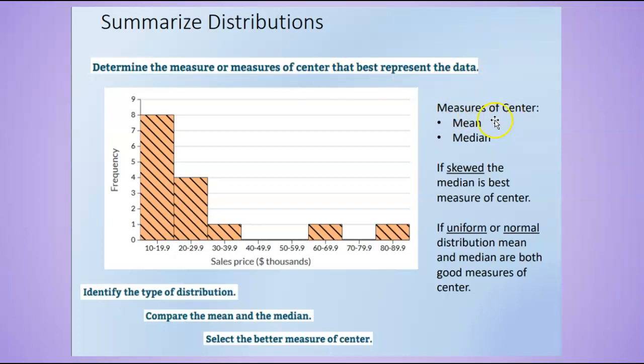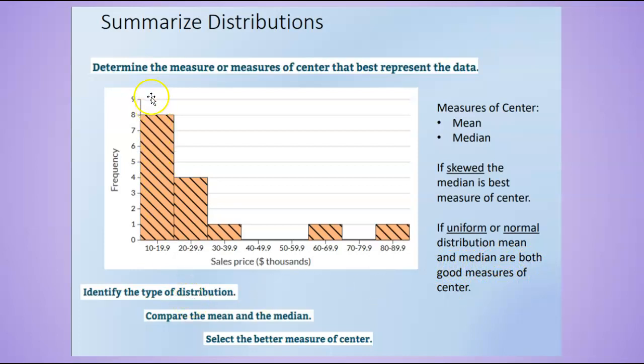Remember, our measures of center are mean, median, and mode, but mode isn't that great. If it's skewed, the median is the best measure of center. If it's uniform or a normal distribution, the mean and median are both good measures of center.